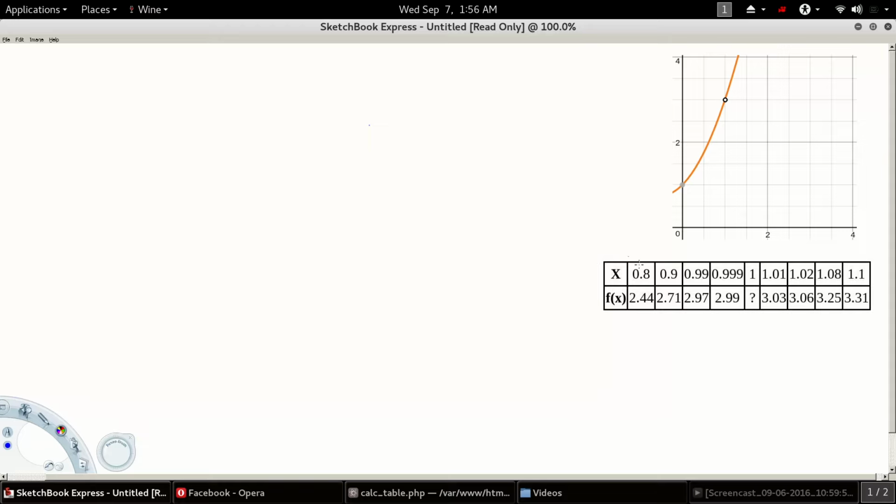Okay, so back to here. This function, this curve, f of x is equal to x cubed minus 1 divided by x minus 1.